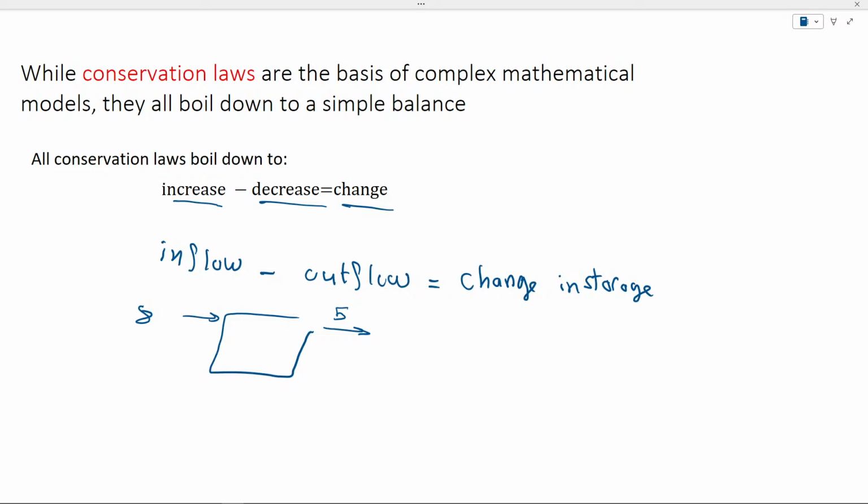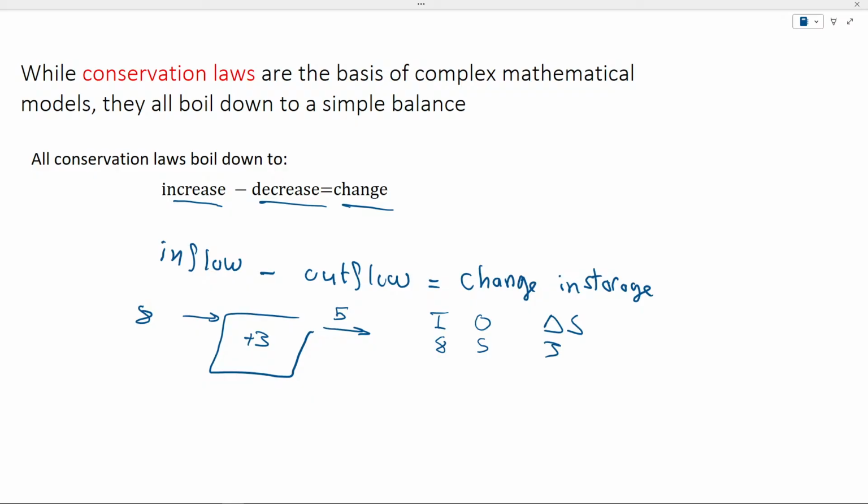The input is 8, the output is 5, then the change in storage would be 3. It is that simple.